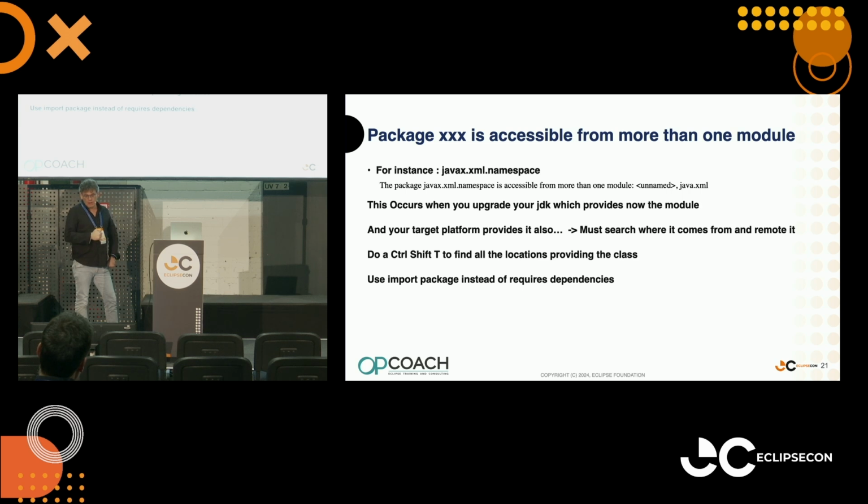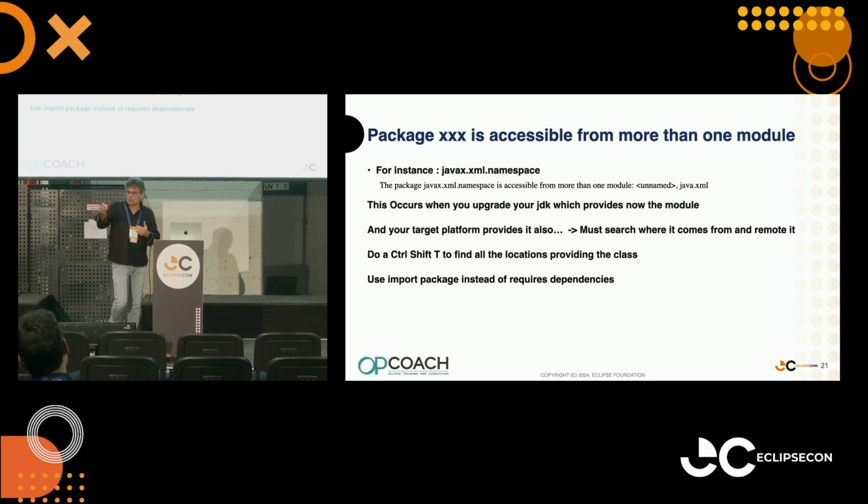So this error is really boring to fix because you have to search who is providing this package. And as I've shown you before, there is tooling for that. You just go in the repository explorer and you can search who is providing which location I could use to depend on and find this package that I should use.